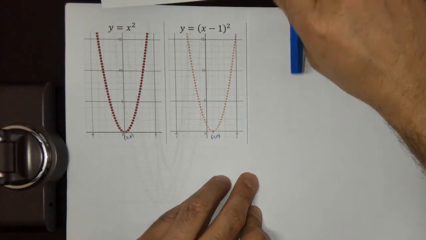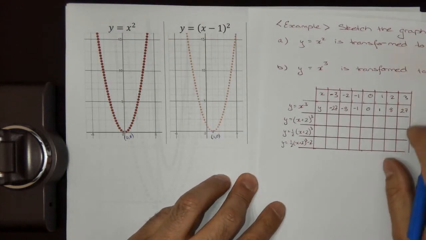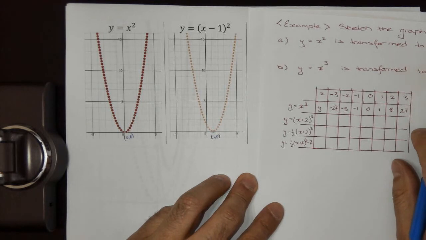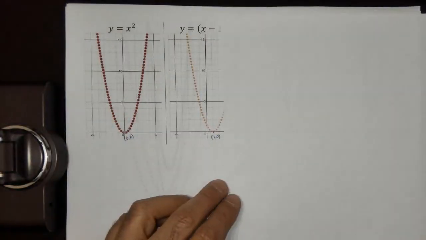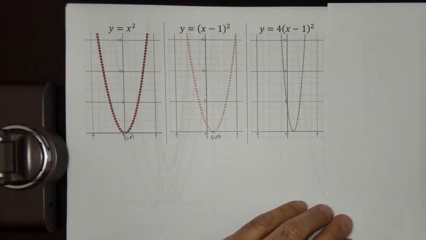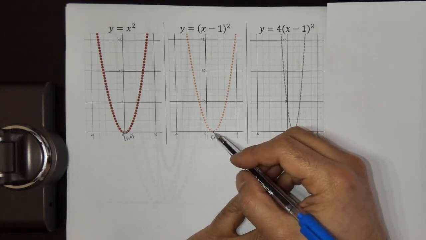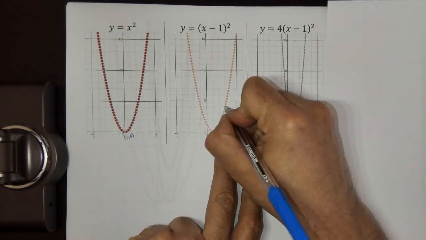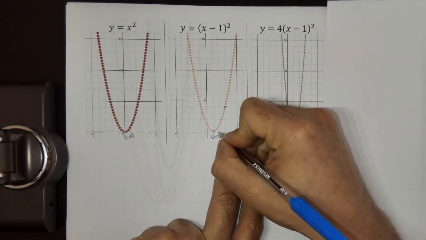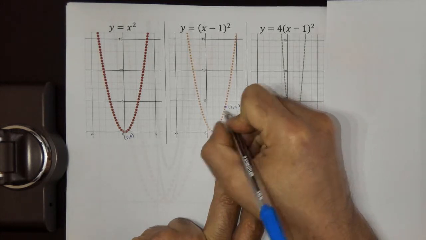I'm then going to create a dilation by a factor of 4, which will make the parabola narrower. What's a good point here? This point here was 1, 2, 3, 4.